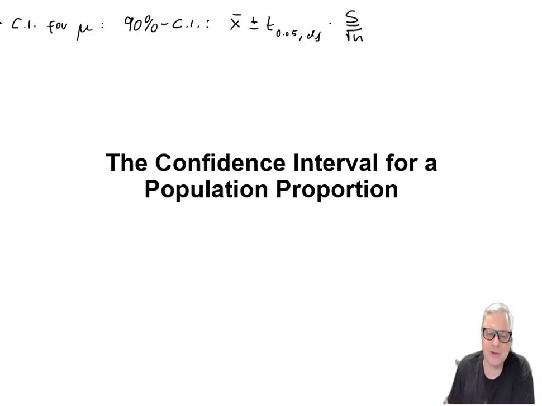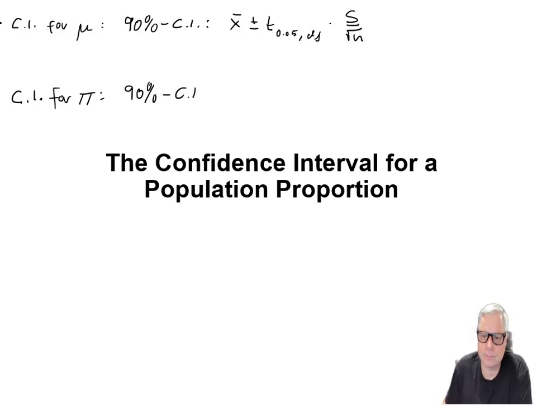Now, I'll already write you what the answer is. The confidence interval for the population proportion pi, and let's say again we want to construct a 90% confidence interval, is written as the estimated population proportion. I call that p hat.